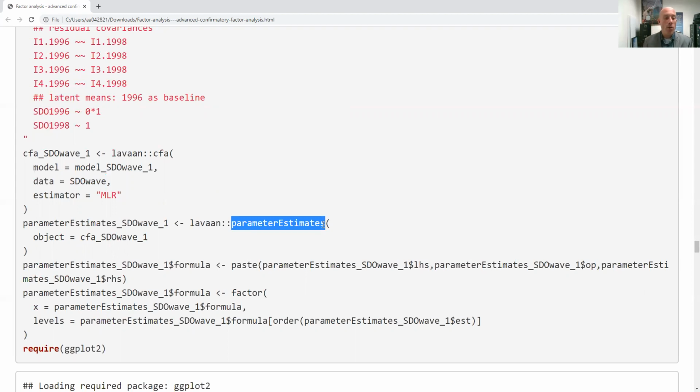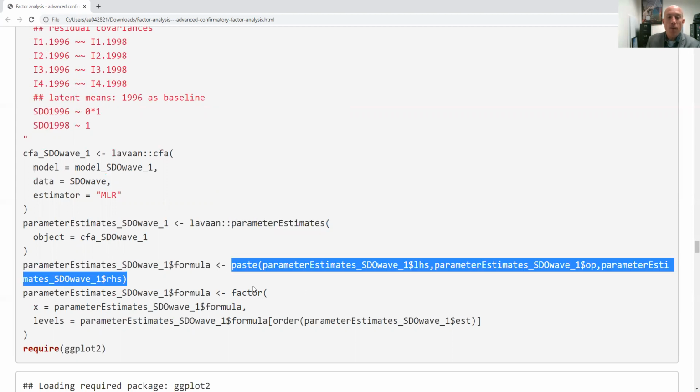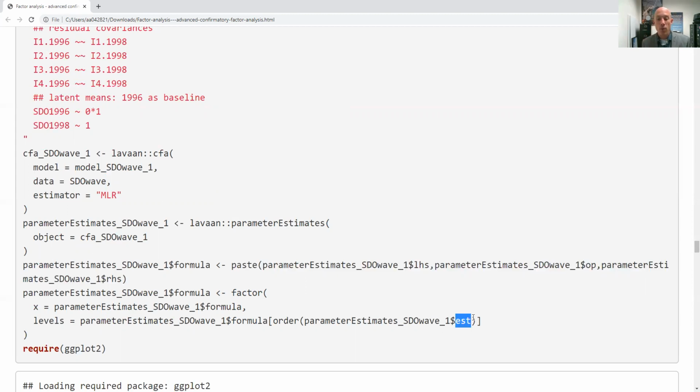Okay, so what I want to do is plot confidence intervals using geom_errorbar from the ggplot2 package. So I'm going to paste the equations together. That way I have the left-hand side, the operator, and right-hand side in one column. And then I'm going to sort them by the estimated value so that it's easier for me to spot what's going on. So let's go ahead and do that.